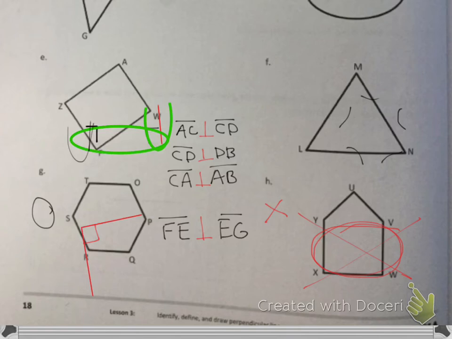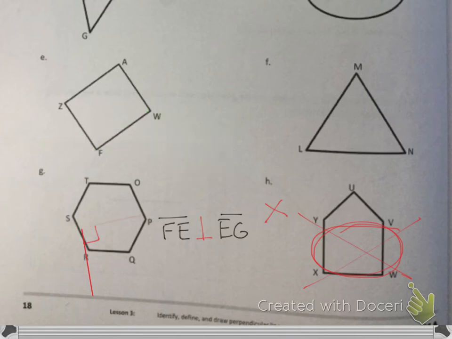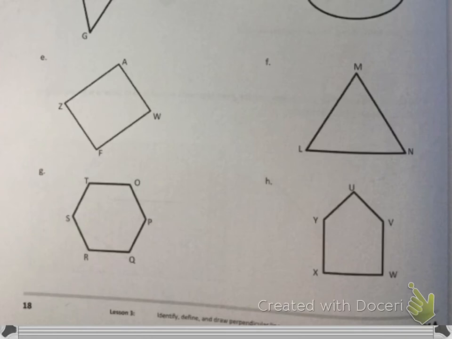What I would like for you to do on these next couple shapes here is identify where those right angles are, and then identify where the points are, and we can begin labeling those points and identifying the perpendicular lines. So I'm going to begin with E here, and I definitely know this is a perpendicular line, and we're going from AW. Sorry, my line is awful.